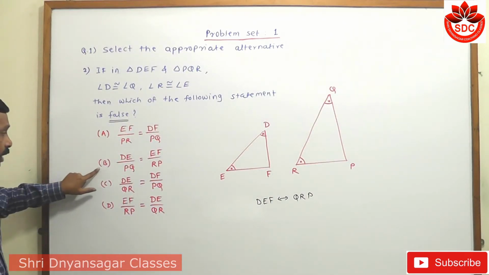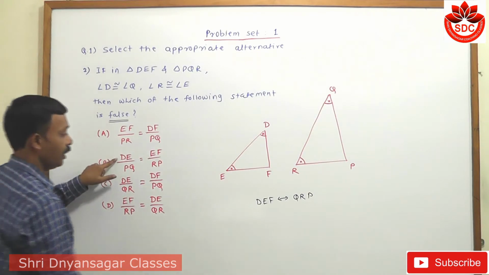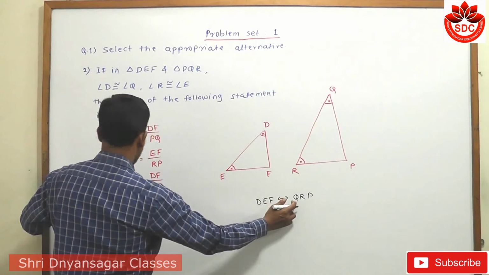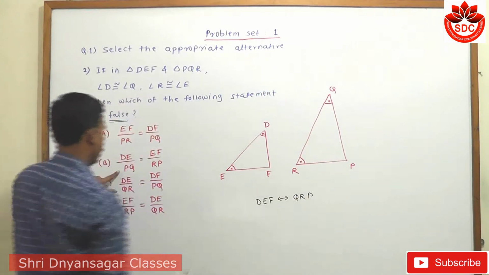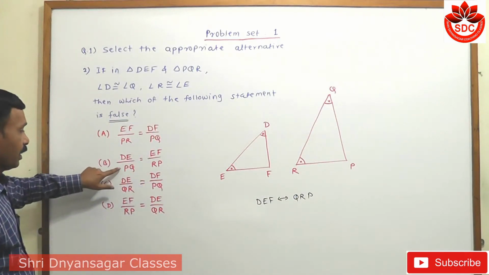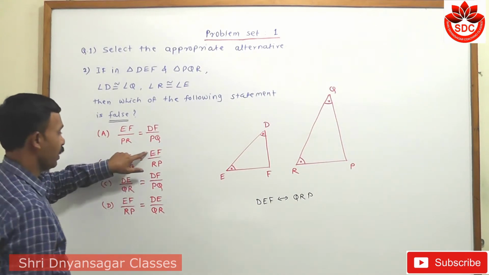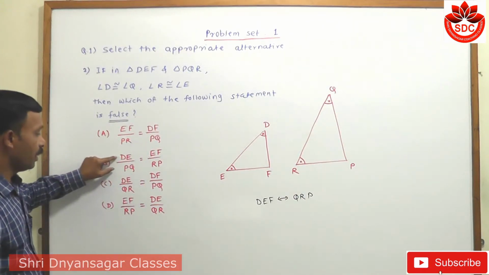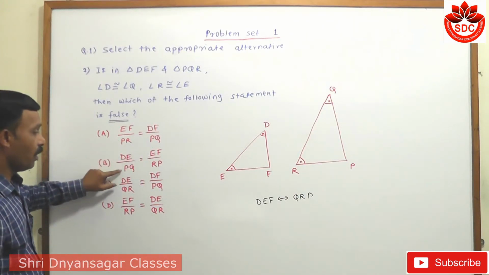Then look at this second. DE, first and second. PQ is first and last. This ratio. Look here. Second, what did we take? P and Q we took. Look at EF. EF upon RP. Okay, look at this. DE upon QP.